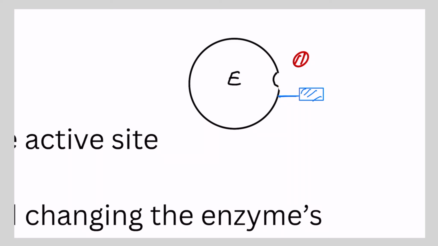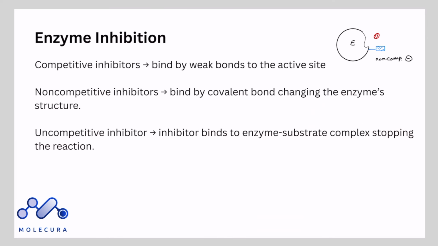So what is happening is now that the structure of this enzyme is getting completely changed. So there will be no more attachment of substrate and this enzyme because the structure has completely been distorted. This is what we call a non-competitive inhibitor.